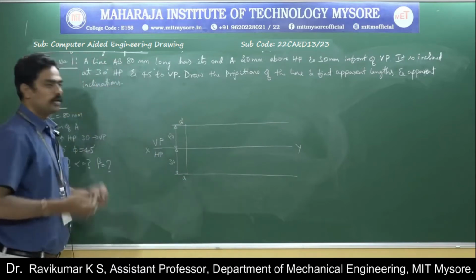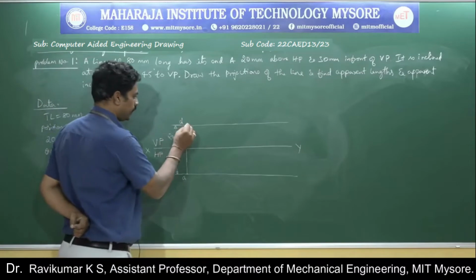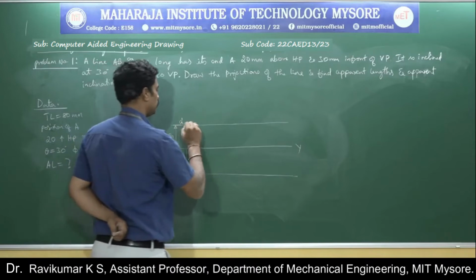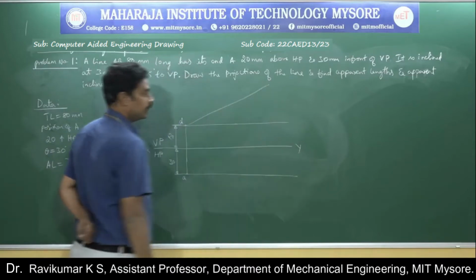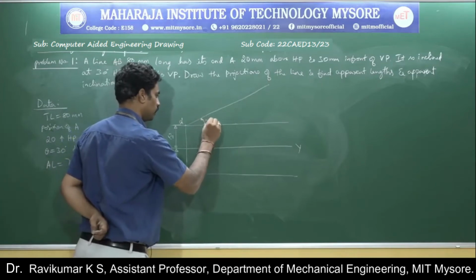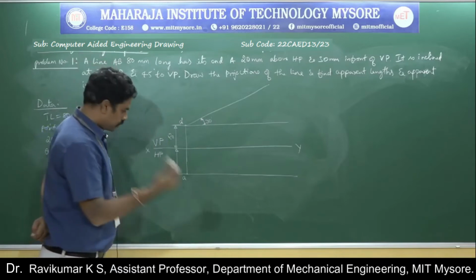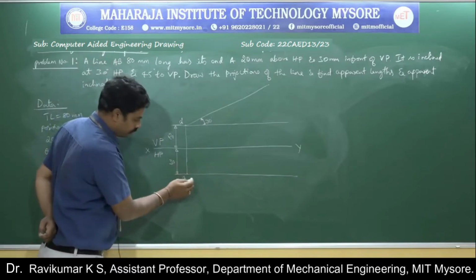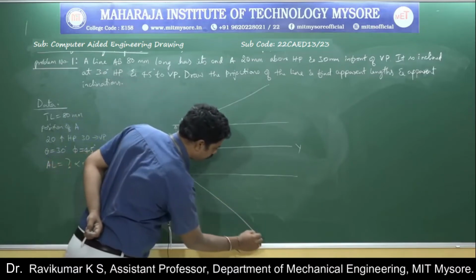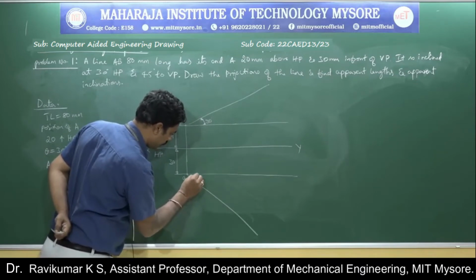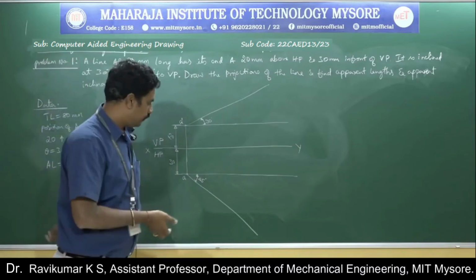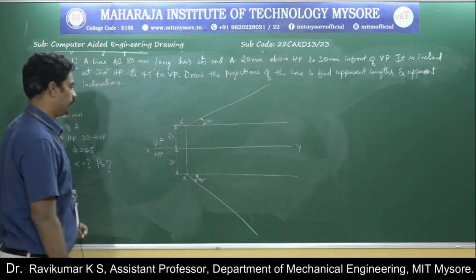So take the protractor, keep it at A dash as center, measure 30 degrees, and draw a line for the 30 degrees. Similarly, keep the protractor inverted here, measure 45 degrees from the XY line, and draw a line for 45 degrees. Measure carefully; you need to keep the protractor inverted to measure 45 degrees.